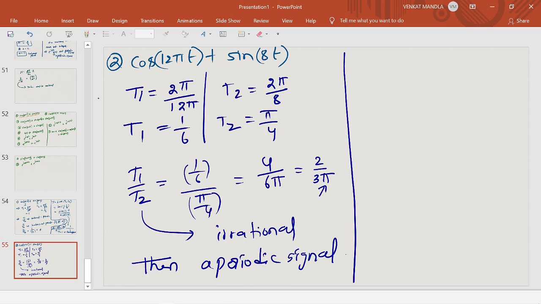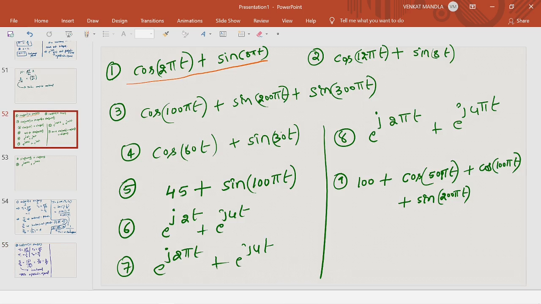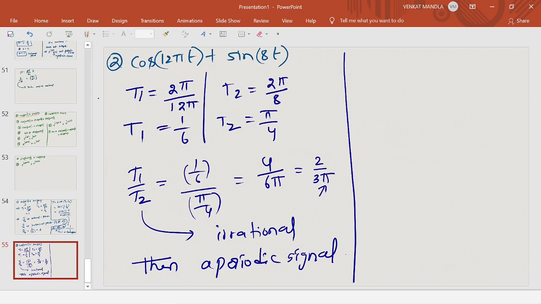Next, the third problem. The third problem is cos 100 pi t, sin 200 pi t, sin 300 pi t.